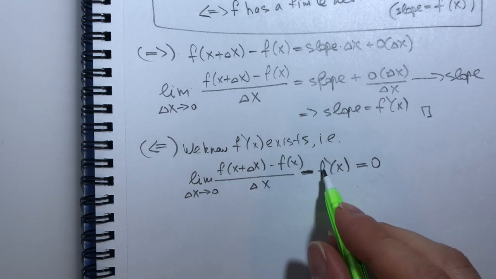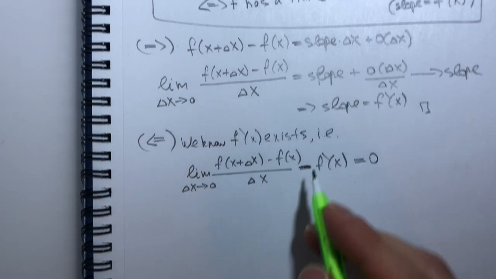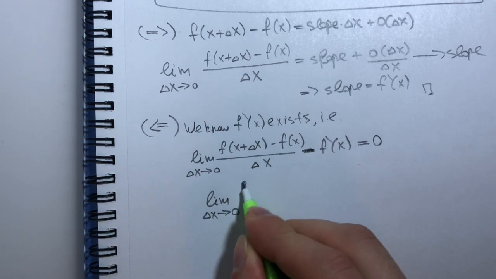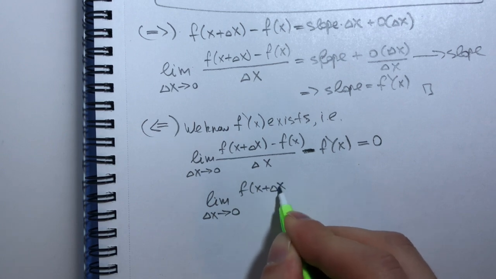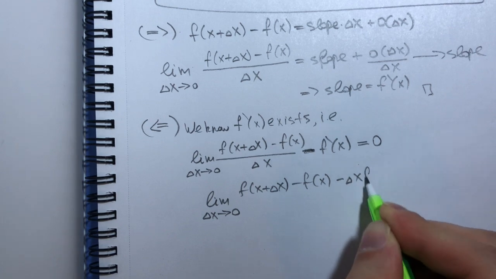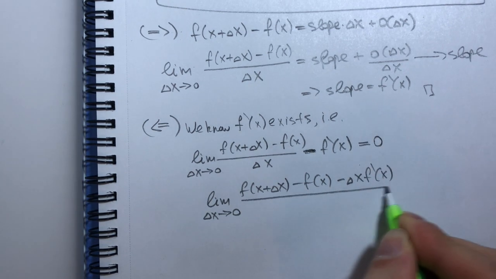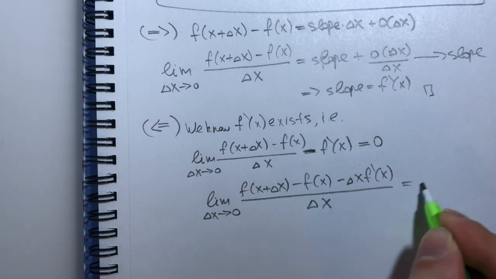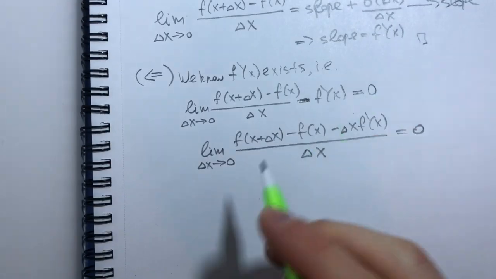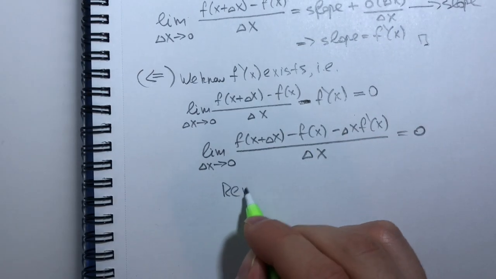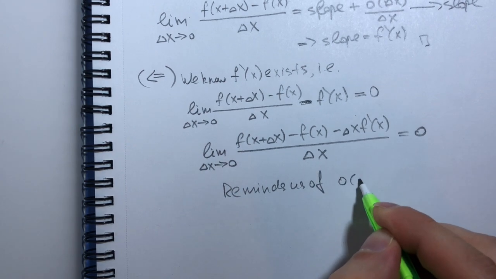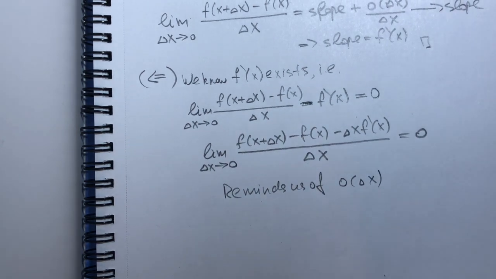Now, if we bring this on top, if we combine it with our fraction, we get this fraction, which tends to 0 as delta x tends to 0. What does this remind you of? Well, this exactly reminds us of o little of delta x, right?